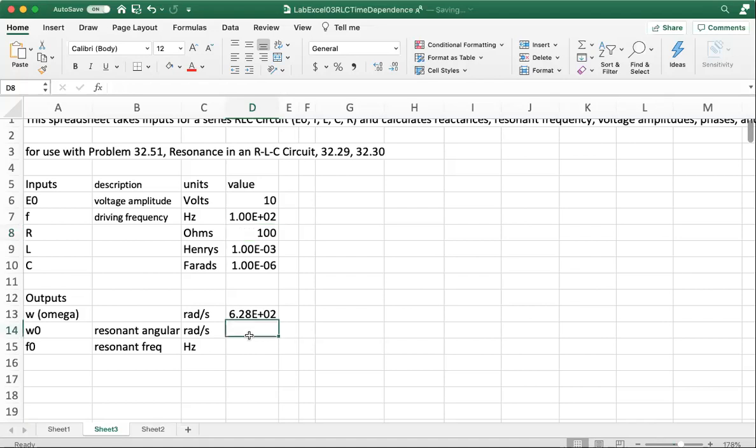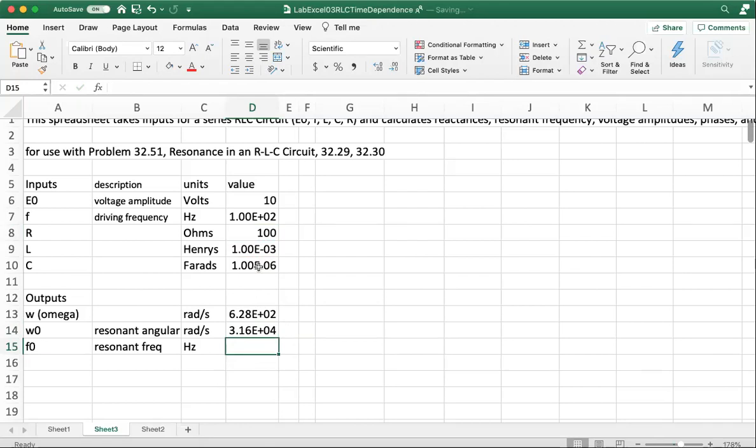Now the resonant angular frequency, that's this formula: 1 divided by the square root of L times C. So L times C. And I just have some kind of starter values in there, 1 millihenry and 1 microfarad. If we did do that though, our resonant angular frequency is going to be 3.16 times 10 to the 4, or like 31 kilohertz.